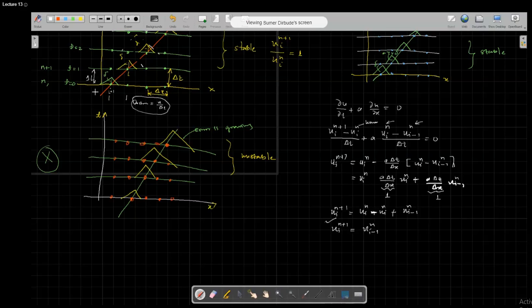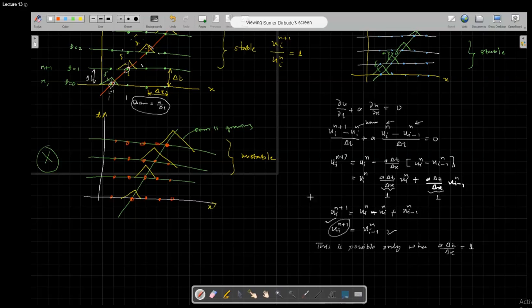And that is exactly happening here. Whatever value of ui n plus 1 is there, this value here is equal to ui minus 1 n. This is possible only when a delta t over delta x is equal to 1.